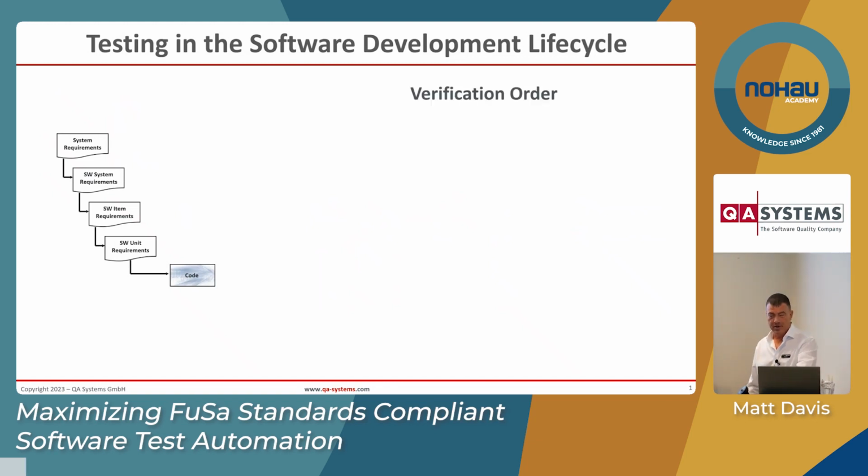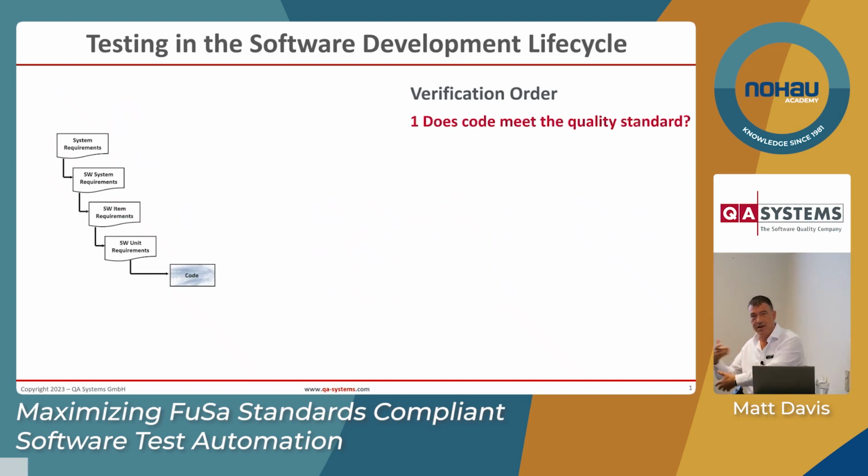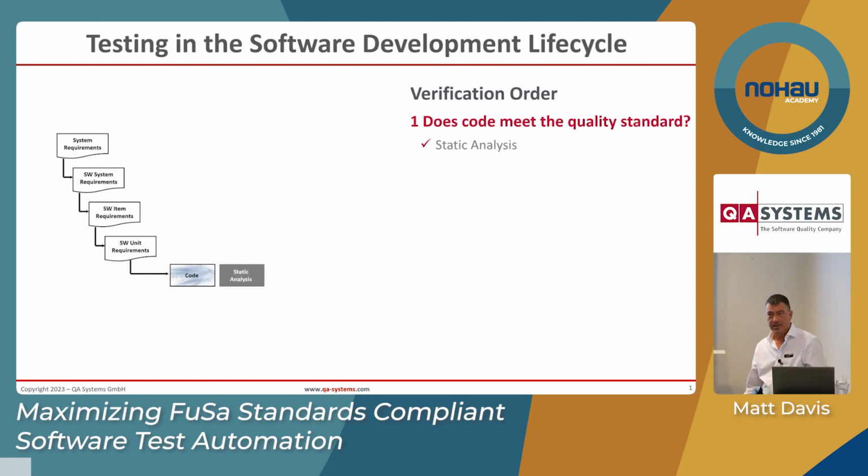Verification order on the right-hand side of the V. The first thing you might do, and the reason I'm putting it up there is for sequence and order, is does your software meet a quality standard? Now, you can define that quality standard in lots of ways. The tooling involved in that is static analysis. That is what Joachim will talk about later.